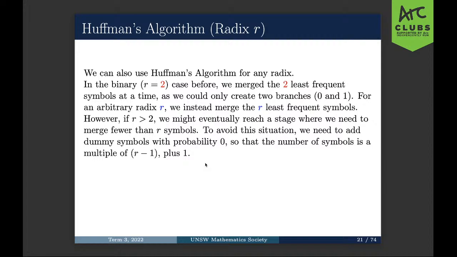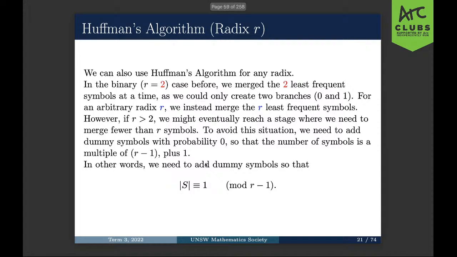Since we only want to end up with one symbol at the very end, we're going to have 1 plus R minus 1 times the number of mergings as the number of symbols that we started with. So we need this equation to hold. The number of symbols has to be a multiple of R minus 1, plus 1.